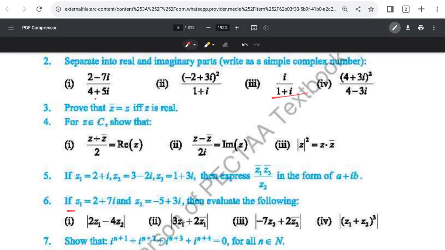So here we have iota over 1 plus iota is equal to iota over 1 plus iota multiply 1 minus iota over 1 minus iota. Okay, so now we multiply it.